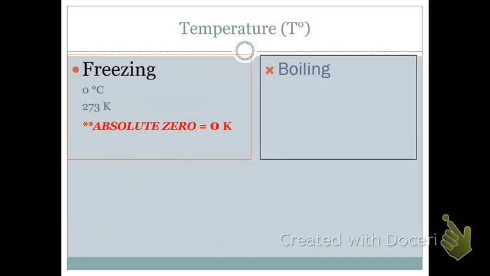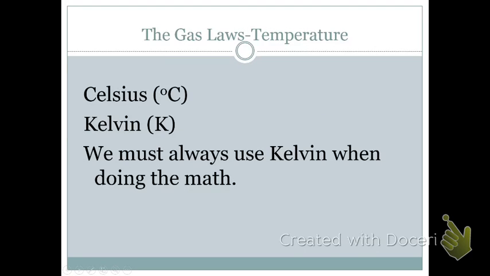All right. The boiling point for degrees Celsius, you know by now, is 100 degrees Celsius. And if we put it in K, since that's degrees Celsius, we add 273, and that is going to be 373 K, okay?